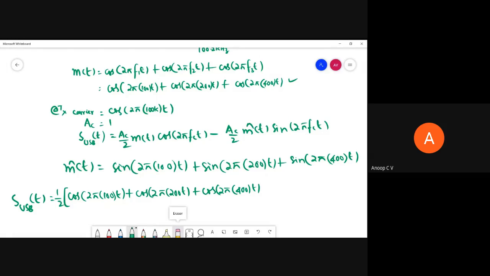This is m of t into cos 2 pi times 100k t, 100 kilohertz.